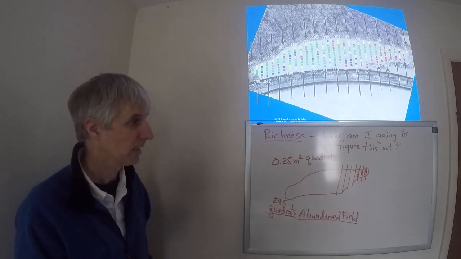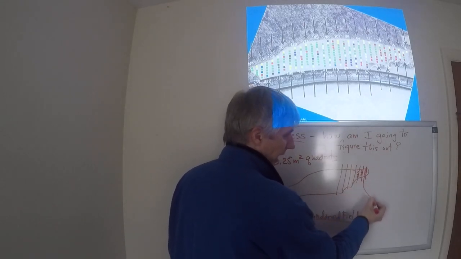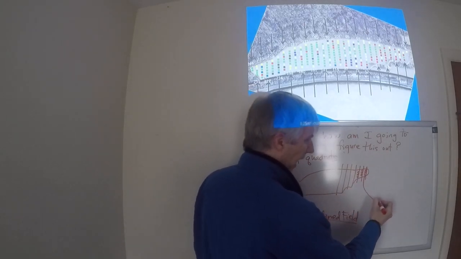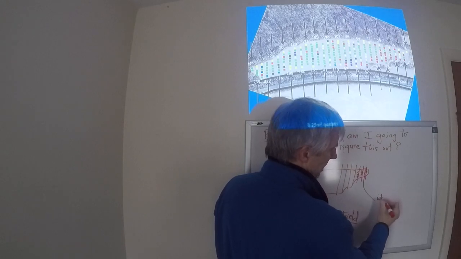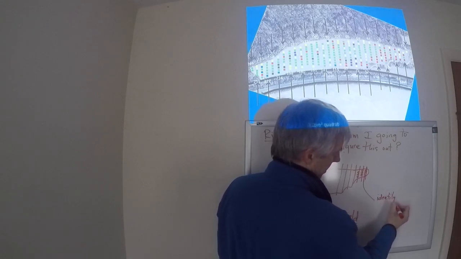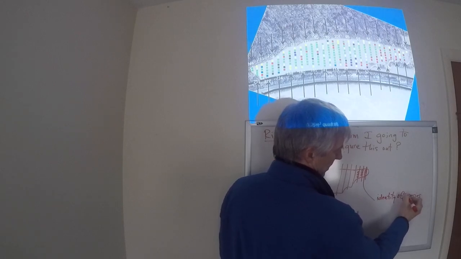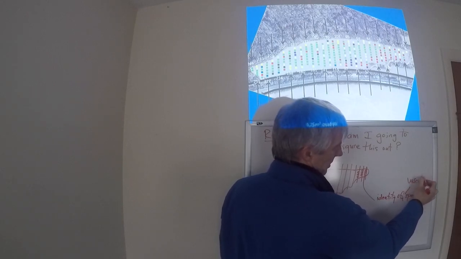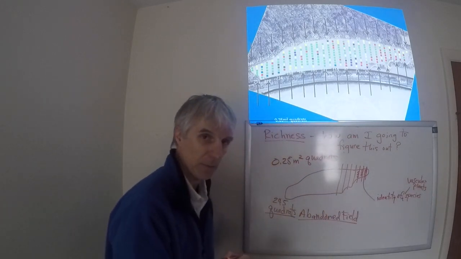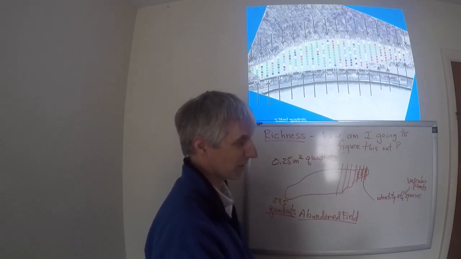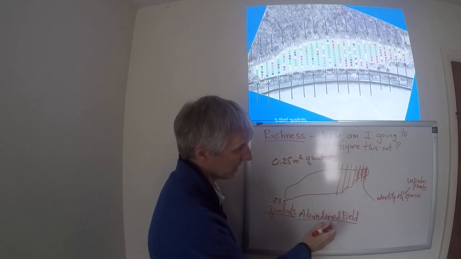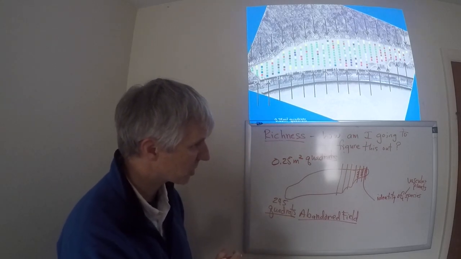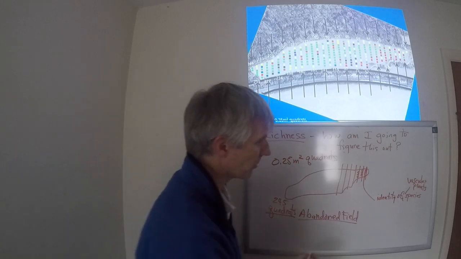In each of these quadrats, we're looking at the identity of species, specifically vascular plants. We're not looking at mosses or bryophytes, because I don't know anything about those things. We're looking at the identity of species within each of these quadrats.